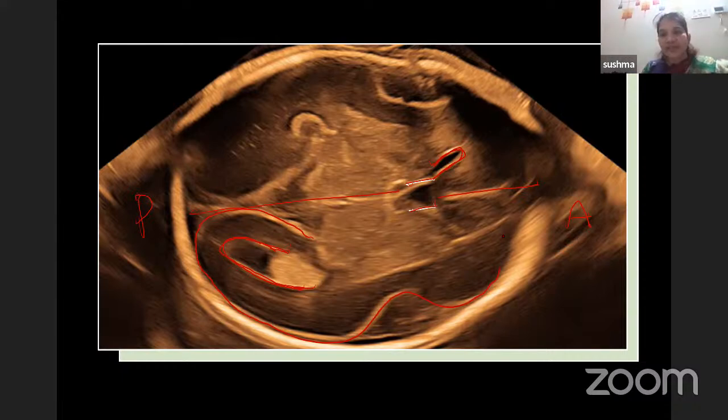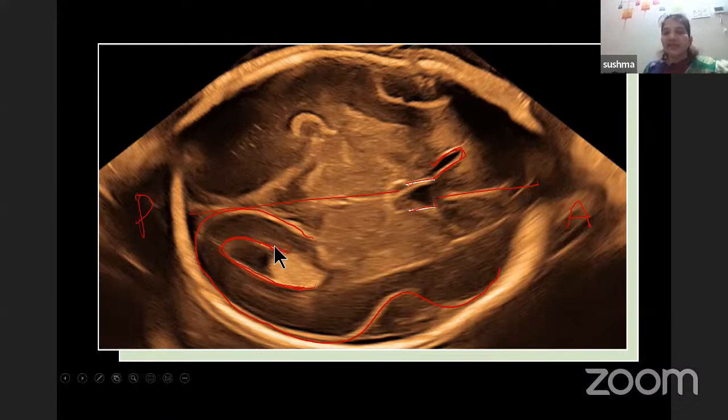Whereas the rest of the brain tissue that we see here looks hypoechoic, which is very similar to the fluid-filled ventricle. Fluid-filled ventricle is also a hypoechoic structure.